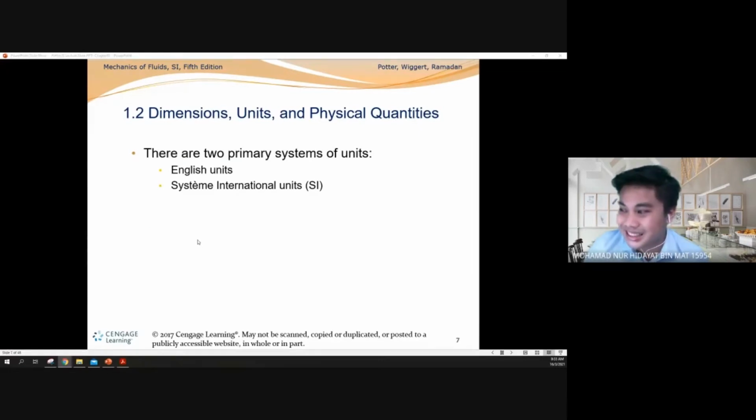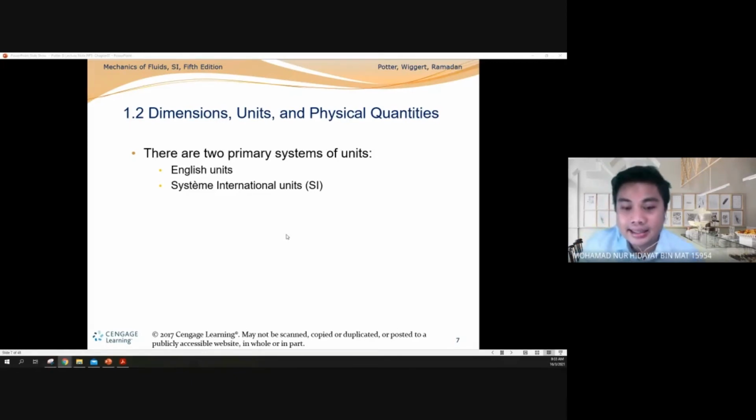Basically, all these dimensions can be categorized into two primary systems: the English unit and the SI unit. The SI unit is normally what we use in our course. For example, like you mentioned, meter per second.